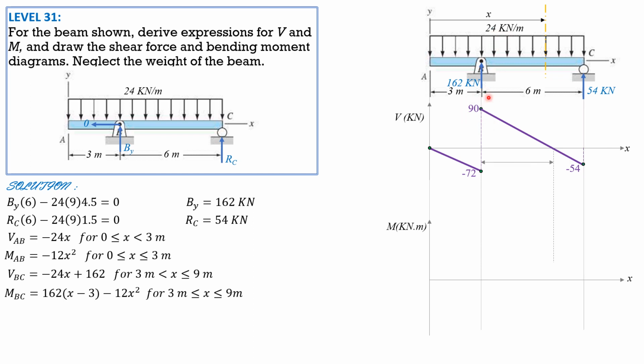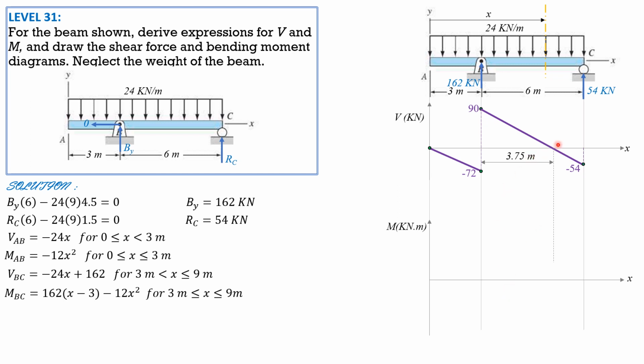So 90 divided by 24 is equal to 3.75. Again, these 3.75 meters can be solved in two ways. One, by similar triangles: x1 is to 90 as 6 minus x1 is to 54, and you can show that it is 3.75. But the shorter way is shear 90 divided by 24, and it is 3.75.